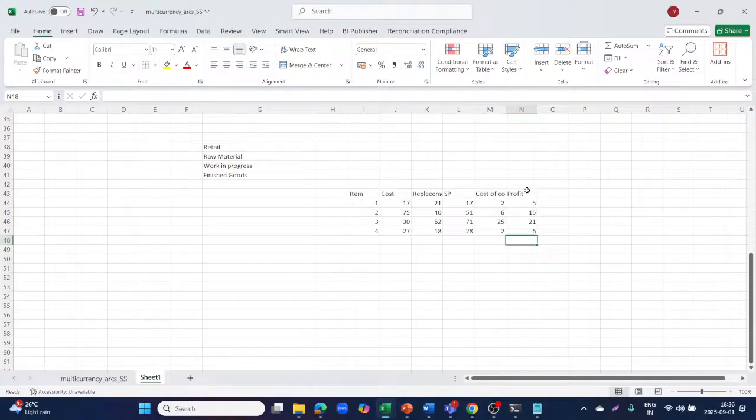So always you have to do the comparison in every case, whichever is the cost and the selling price, whichever is lower. If you do the replacement cost, if you replace this machinery, the cost will be this much. That means you will get 21. So 17 and 21, the difference of these two will be 5. This is a profit. Then cost or the replacement value, whichever is less.